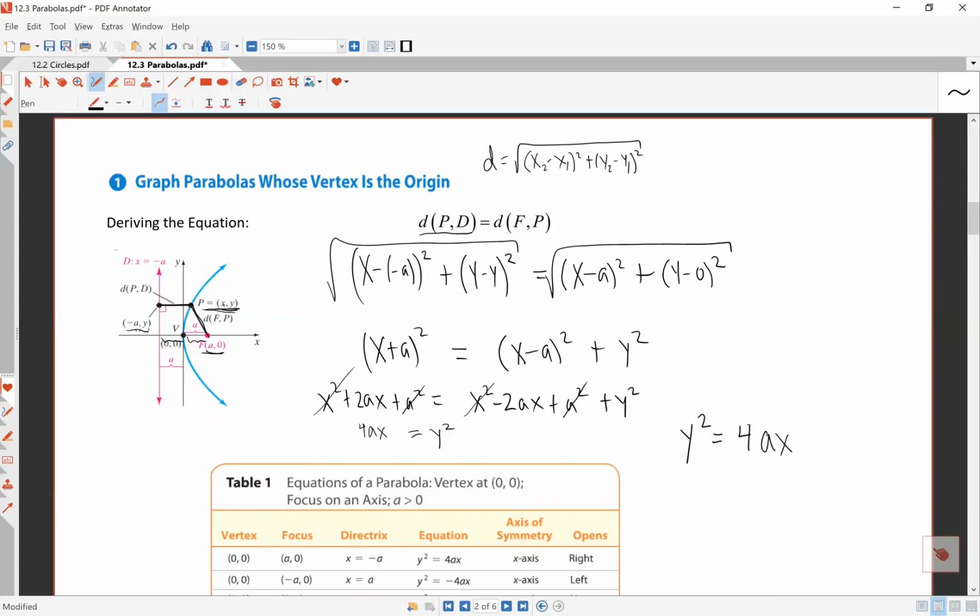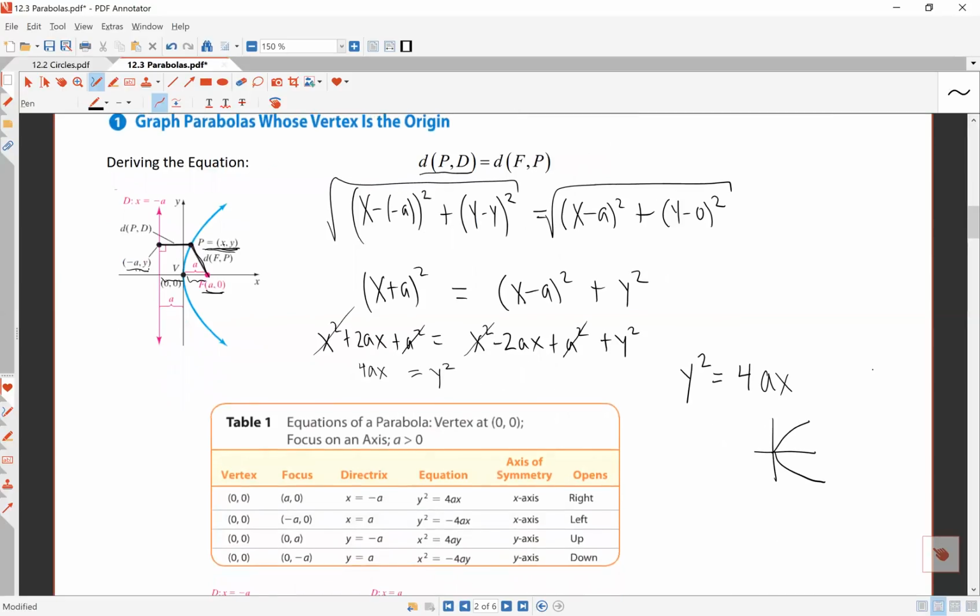Whose vertex is at the origin, that opens to the right. The focus is a units away from the vertex. The directrix is this vertical line, x equals negative a.